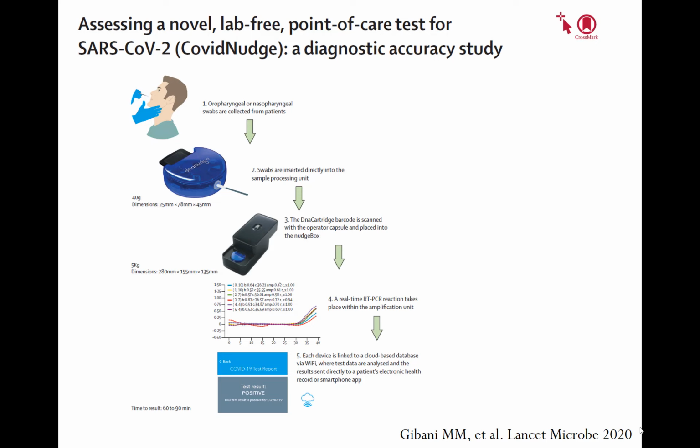It's a tiny little machine, and you can see within 60 to 90 minutes, you can get a result. So there is really no reason that patients and folks out there need to wait a week to get a test result. We have the technology available today, and these kind of tests should be widespread and readily available.